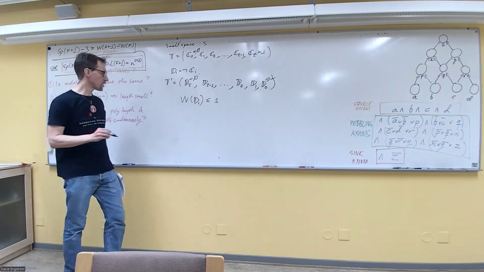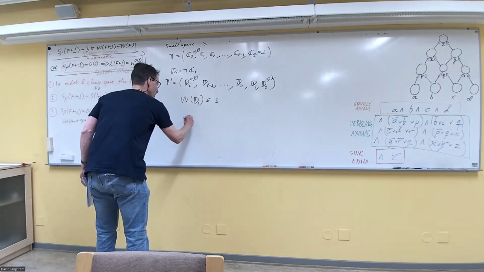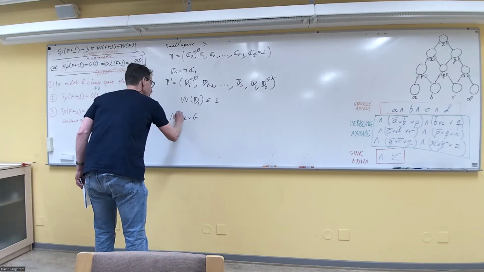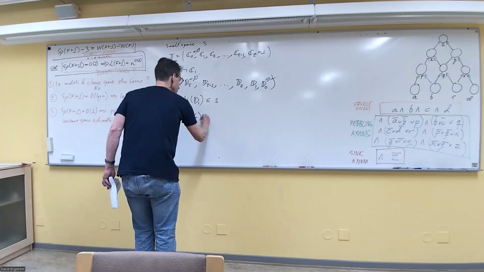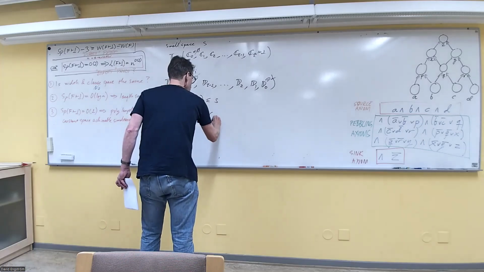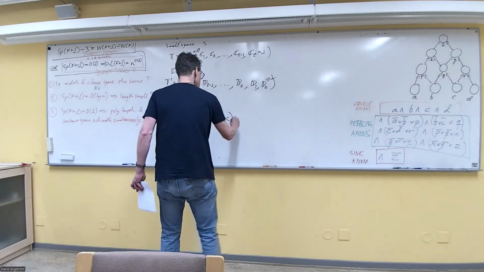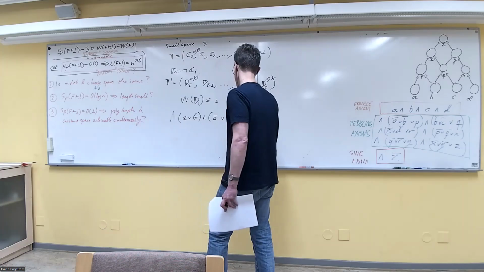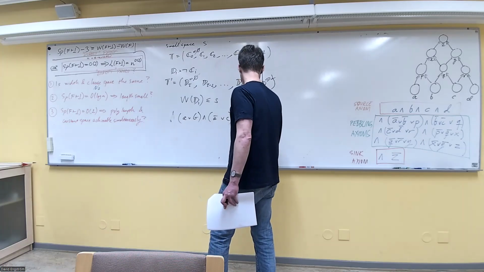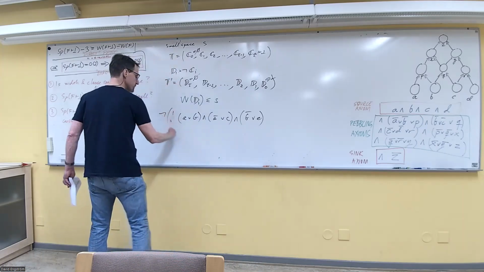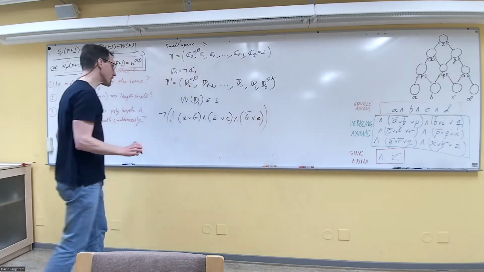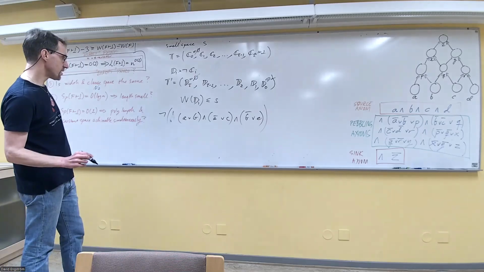Think about when, say, I have A or B, and not A or C, and maybe not B or E. Now we negate this, and then we're going to expand.